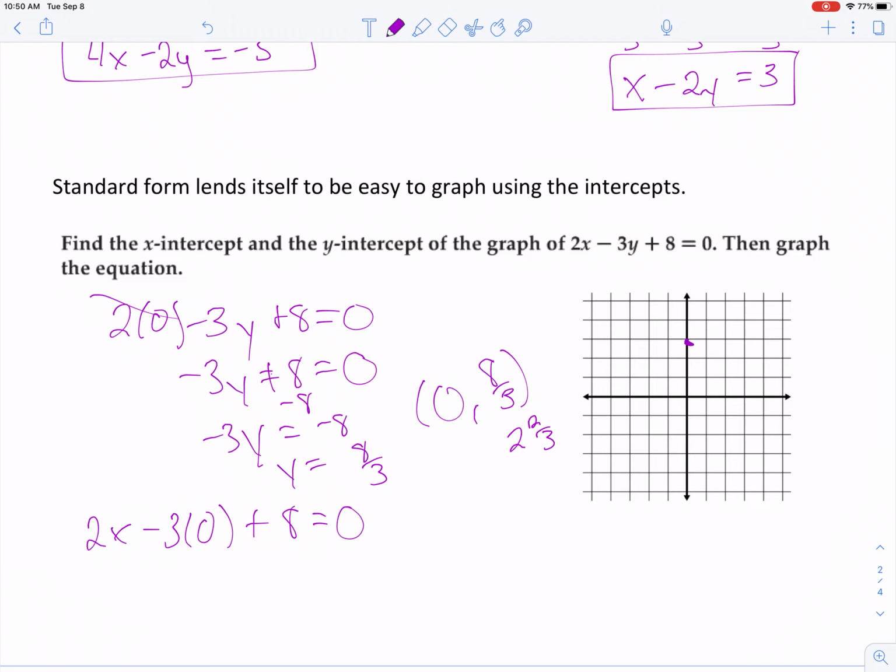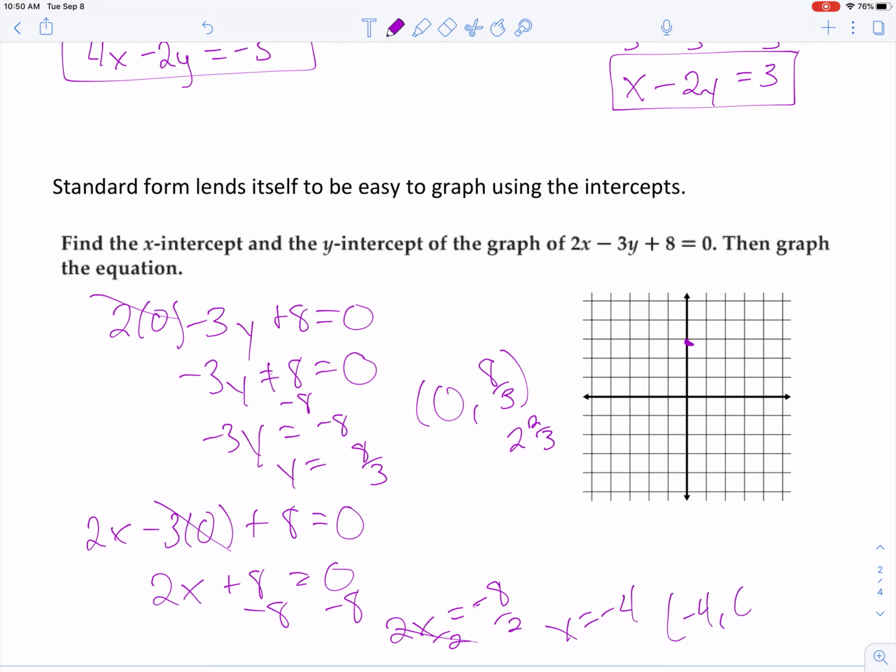So then, if I continue plugging in this 0 over here, then I'm going to subtract 8 from both sides. Oops, that should be a negative 8. And x equals negative 4. So this point is negative 4, 0. 1, 2, 3, 4, and 0. That's 2 points. You only need 2 points to make a line, right? And there you go.